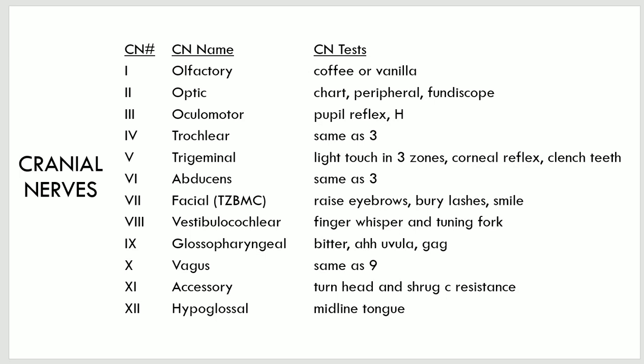All right, cranial nerve number 9, the glossopharyngeal nerve. So this one, they're going to see if you can taste something that's bitter. They're going to try and stimulate your gag reflex. Anytime that you open your mouth and you say ah, doctors are checking a lot of different things, especially if you have a sore throat or whatever.